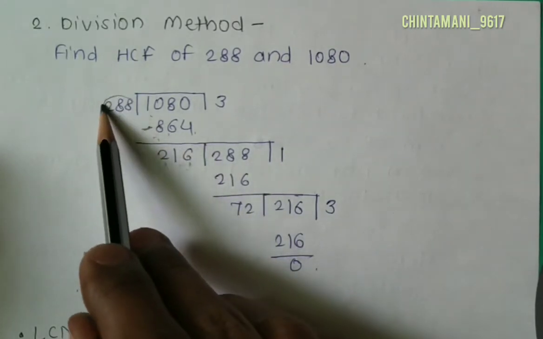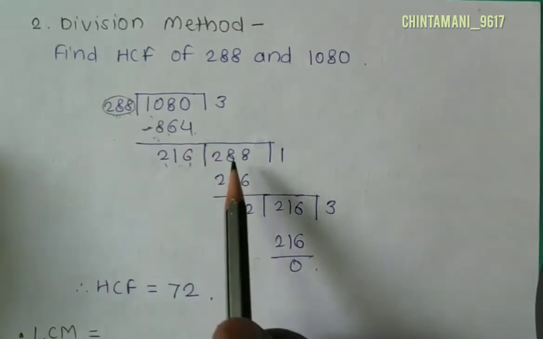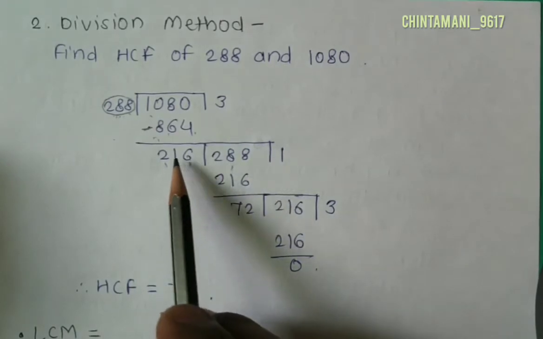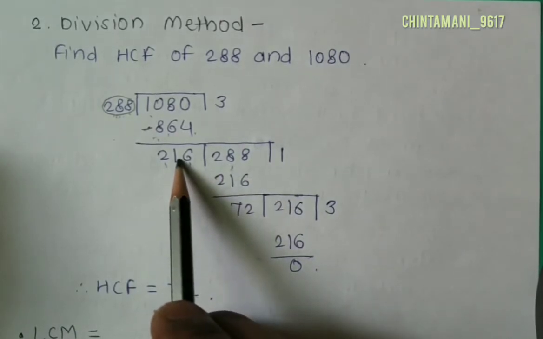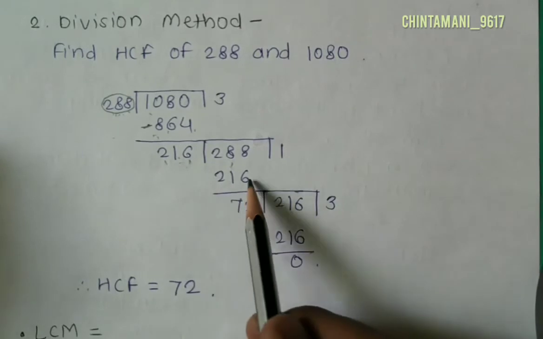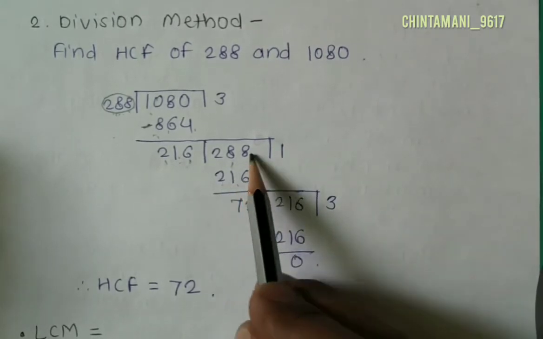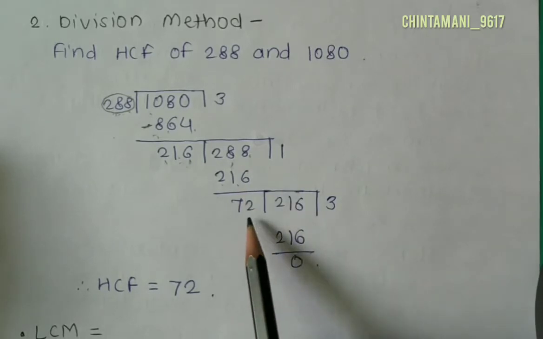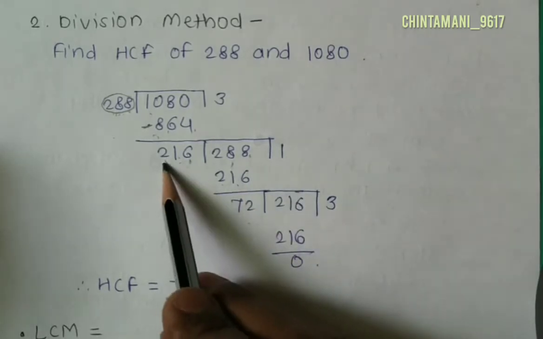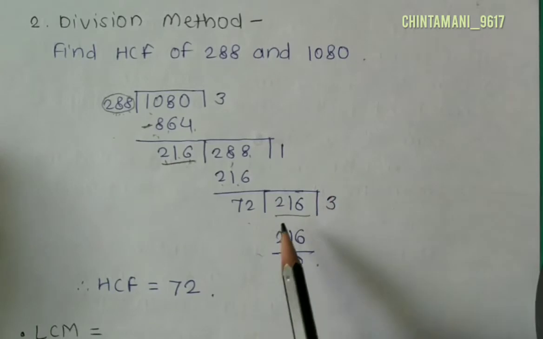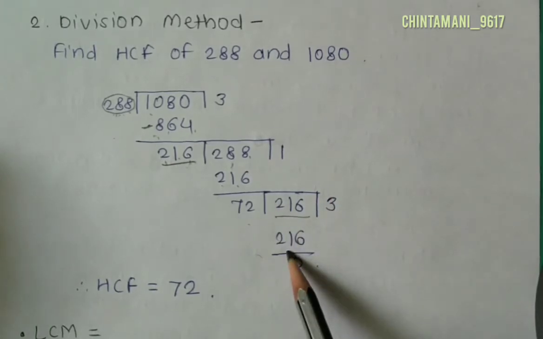Then taking this first lowest value in the bracket and dividing it with the answer we get, the nearest value we get is 216. Subtracting it from this value, we get the answer 72. Again taking this value in the bracket and finding the nearest value, we get 216, that is 0.